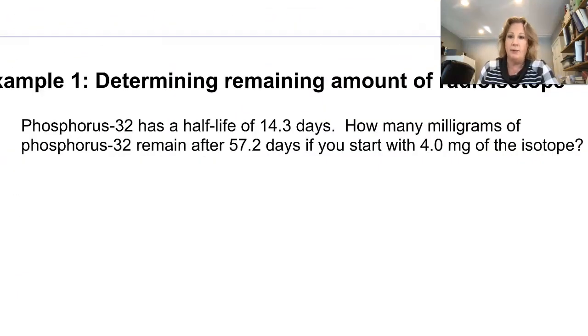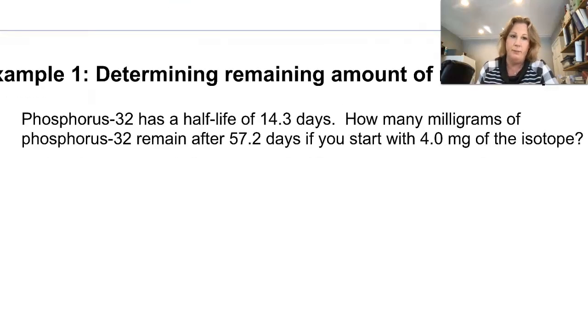There are just two examples I want to go over with you, and they're really simple. Like I said, there's an actual equation, and the numbers can be not always so perfect, but we just want everyone to understand the basics. So if you have a problem where the half-life of phosphorus-32 is 14.3 days, and you know that there's been 57.2 days since starting with a 4 milligram sample, they want to know how much remains.